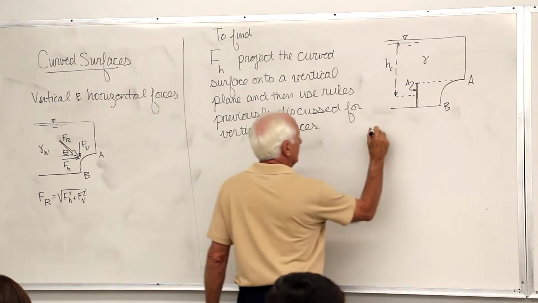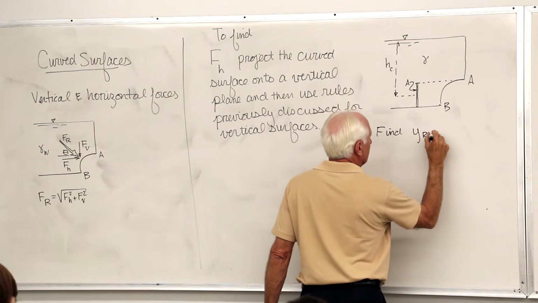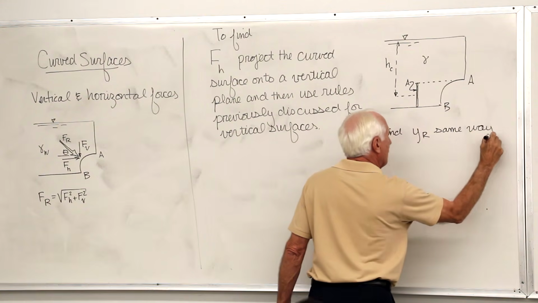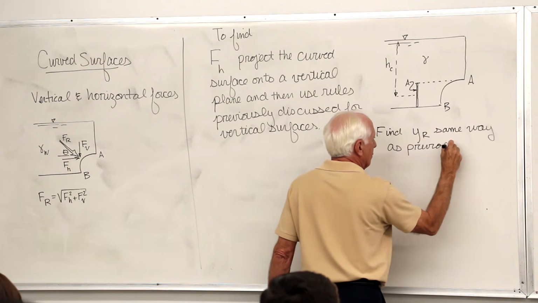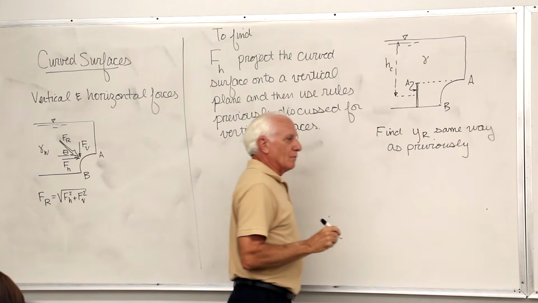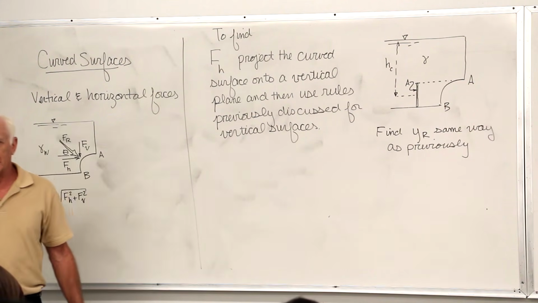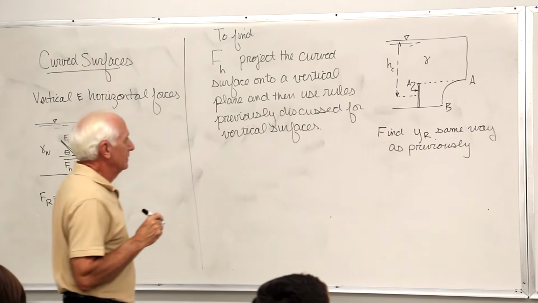So find Y sub R same way as previously. Y sub R equals Y sub C plus I sub XC divided by Y sub C A. Okay.